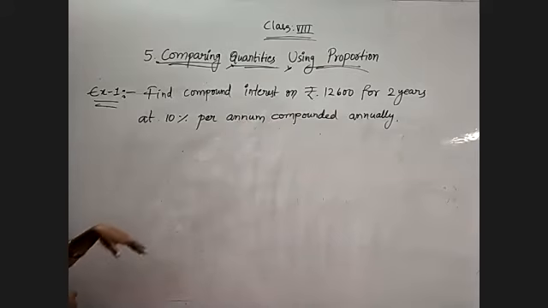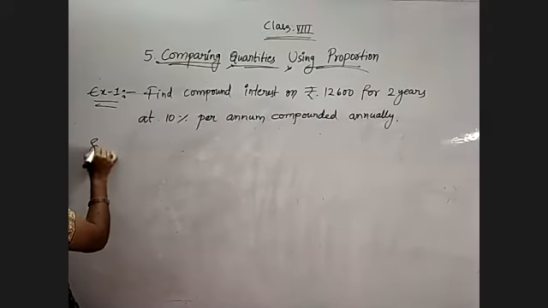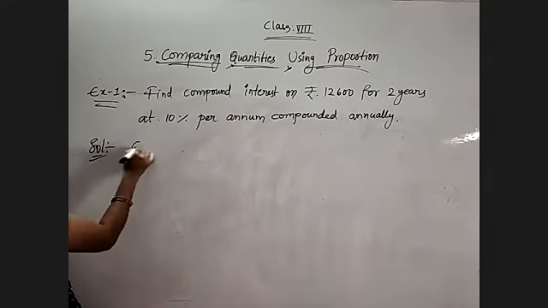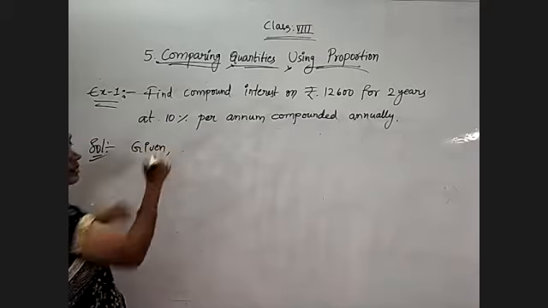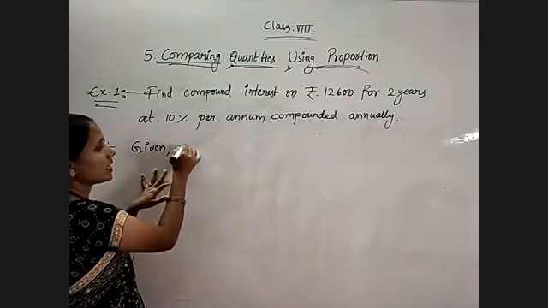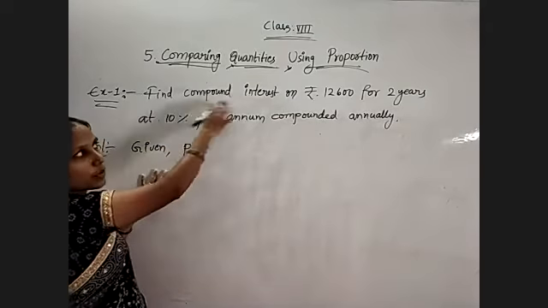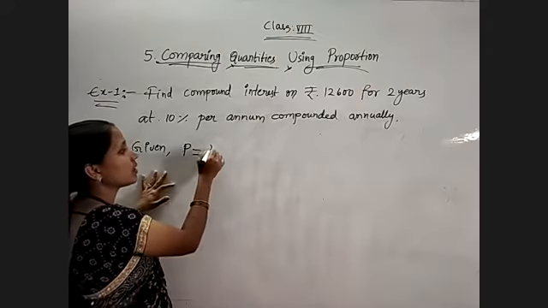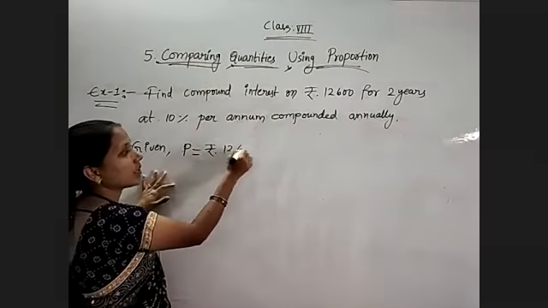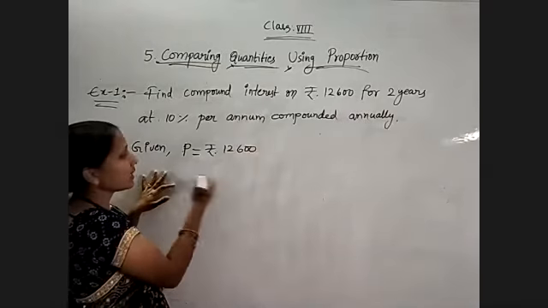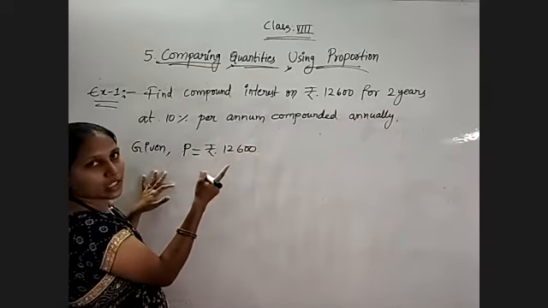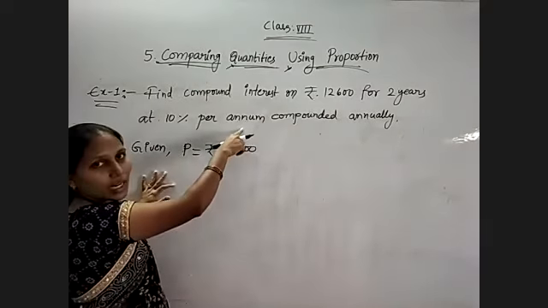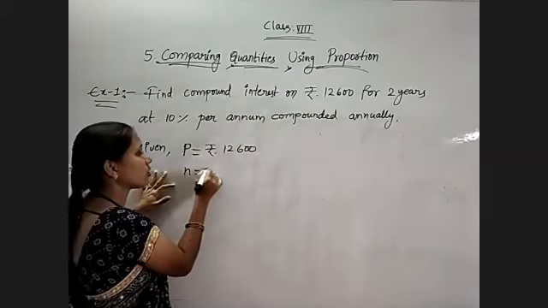So the remaining values that are given, we will see. Given principal: find compound interest on 12,600 rupees. So 12,600 is the principal, and T is equal to 2 years, but the amount is compounded annually, so n also will be equal to 2.